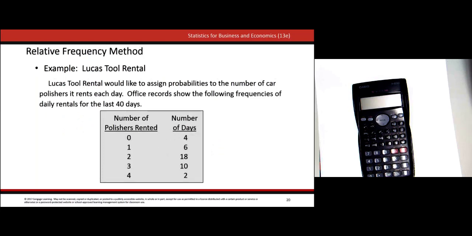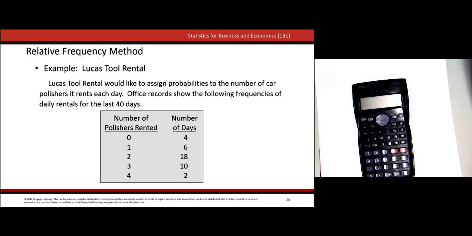Sometimes we may not have equally likely outcomes. For example, Lucas tool rental would like to assign probabilities to the number of car polishers it rents each day. Office records show the following frequencies of daily rentals for the last 40 days.